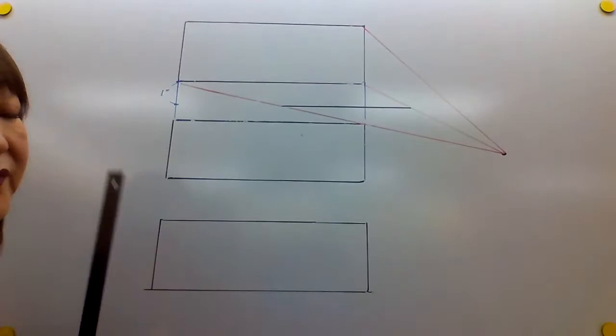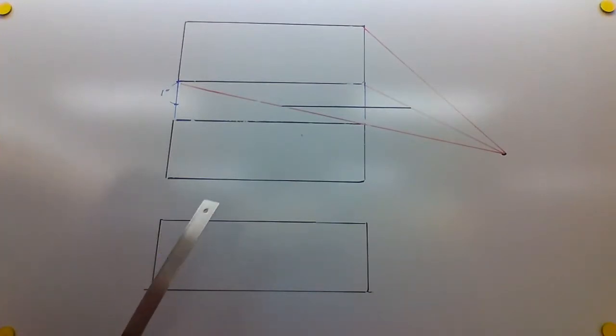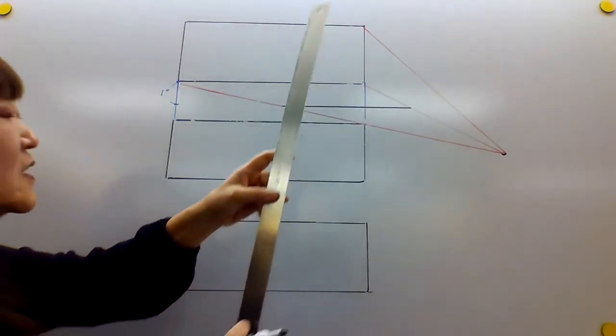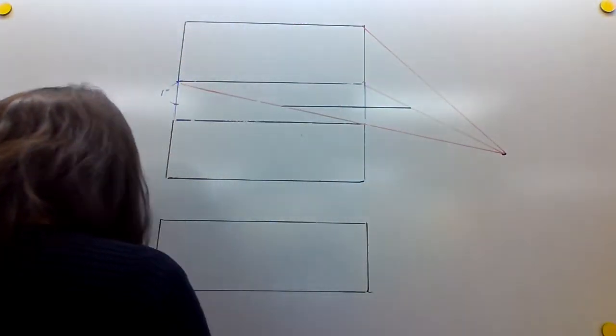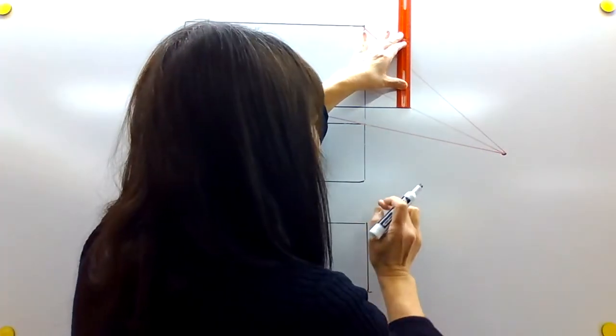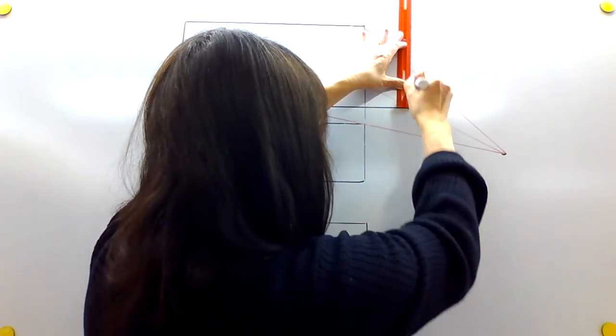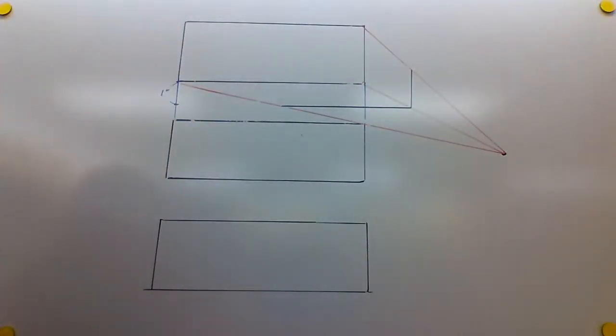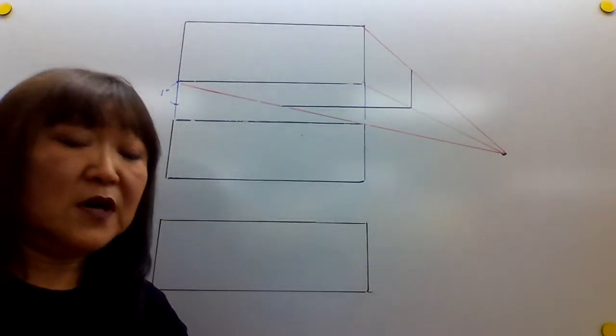Get that? Okay. And the last line, using the edge of the ruler, which is 90 degrees, put it right up against it, go straight up. Okay. So that's all the drawing that you have to do.